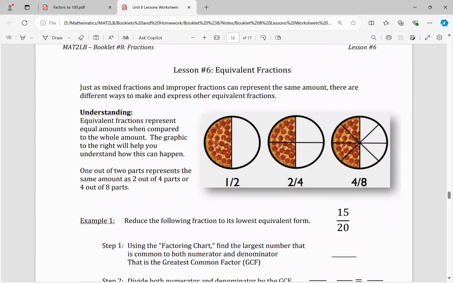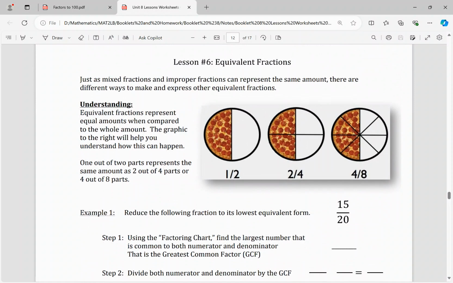Now, the idea is, and I've mentioned this briefly before, that a fraction can be written in many different ways. For example, if you take a look at the images of pizza, you can see that all three images are the exact same. No matter how you look at it, we have a pizza that is half full, half empty.